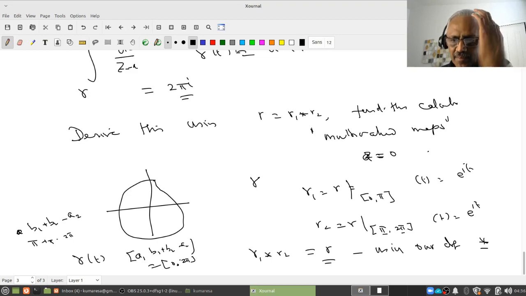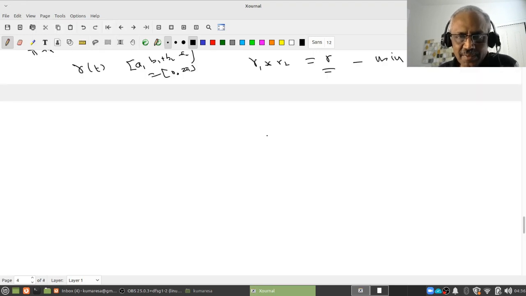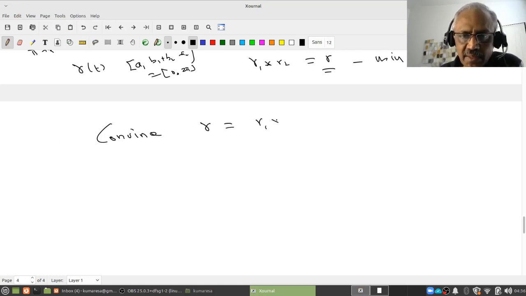And similarly for gamma 2 it is e power i t. So you can see it's exactly the same. Please convince yourself. Do not accept what I am saying. So stop. Okay, convince. Gamma is nothing other than gamma 1 star gamma 2, as above, as per definition. Okay, make sure of this.